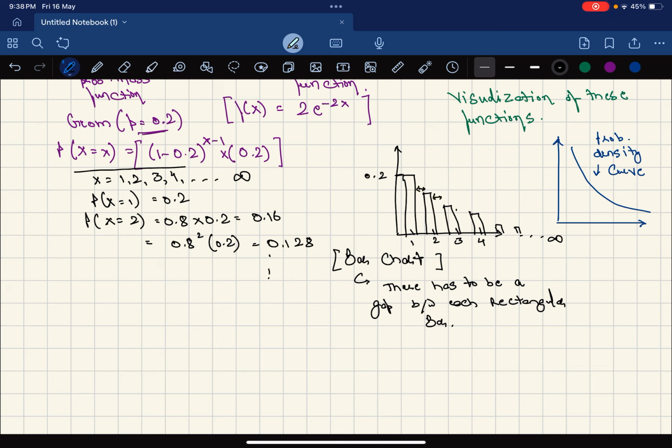Whenever I'm drawing them, I'm making sure there is some gap between these vertical rectangles. Why am I saying that? Because you must have also seen a particular kind of chart where, as you can see, the bars are actually joined.